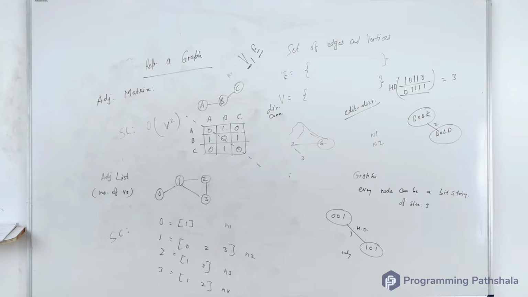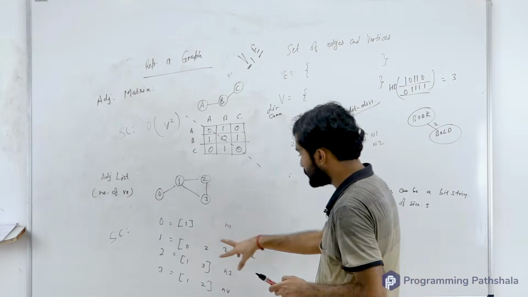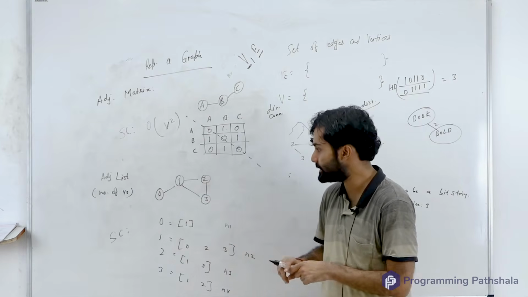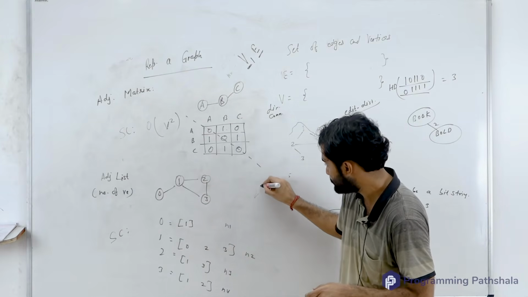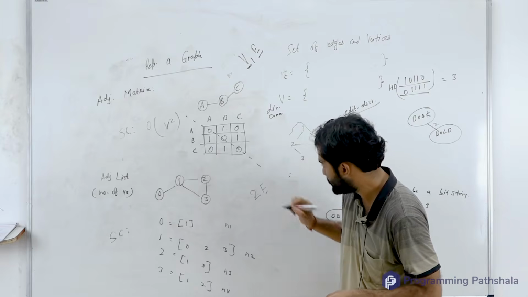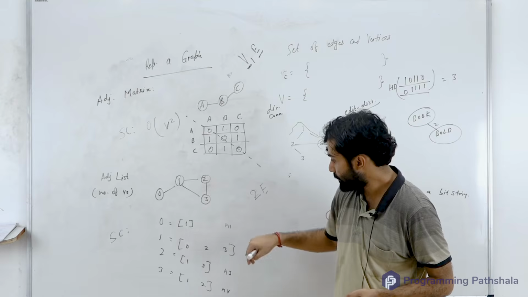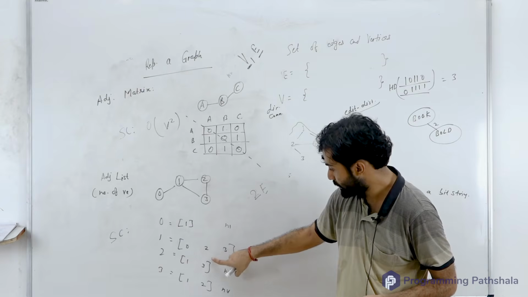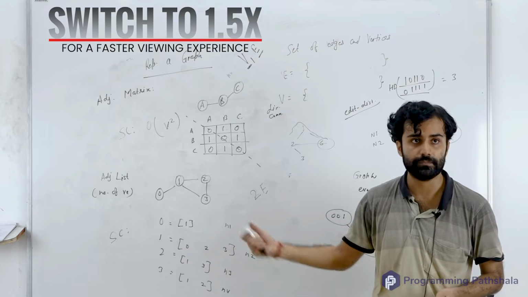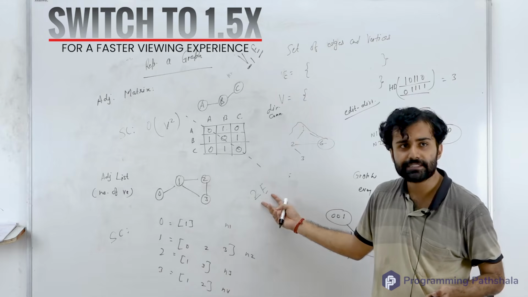So basically every edge leads to 2 elements. If there are E edges, then there will be in total 2 into E elements overall. And you can see that there are 4 of them, and here 1 plus 3 is 4 and plus 4 is 8, right? So that works. So clearly this is better.